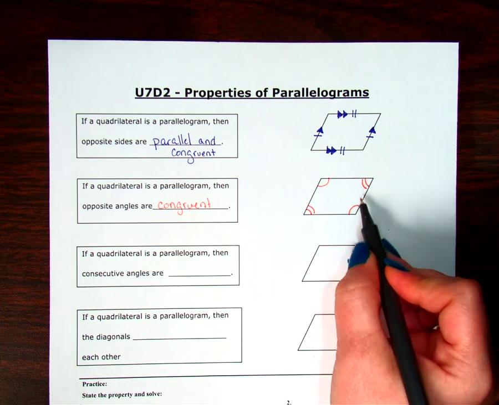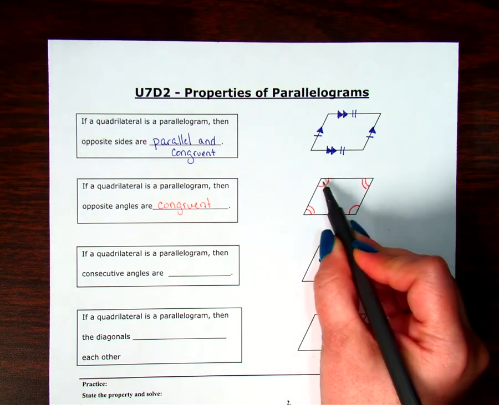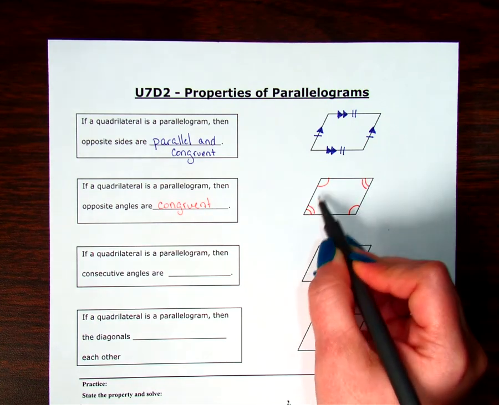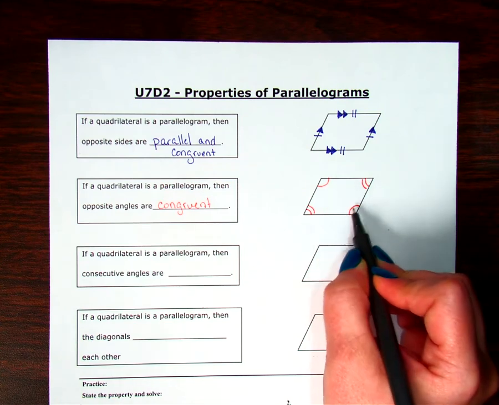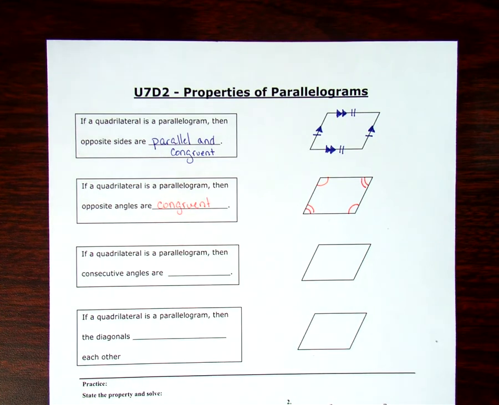Notice I didn't put the same markings on the ones on the same side. Just the ones across we know have to be congruent. The ones on the same side don't necessarily have to be congruent. They can be different. But the ones across from each other will always be equal to each other. They'll have the same measure, which means they will be congruent.